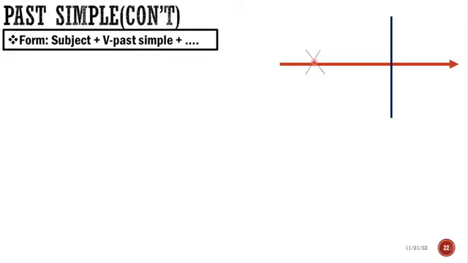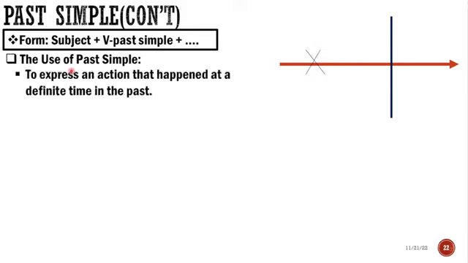Okay, everyone, now I explain the use of the past simple. First point: to express an action that happens at a definite time in the past.